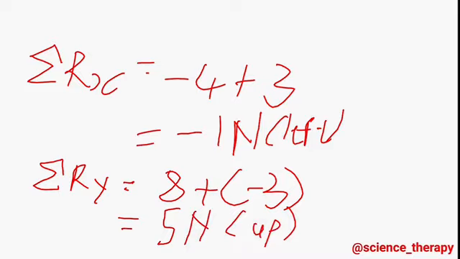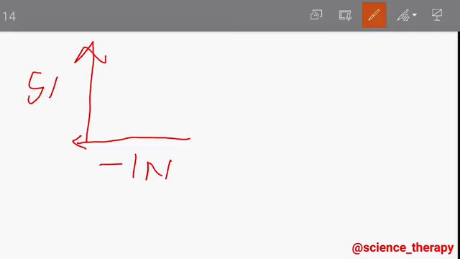Now to get the net, let's try to draw the situation in here. We have negative 1 going that side, and then we have 5 newtons up, right? So if we close here to form a hypotenuse side, this is the side we'll be looking for, F-res.